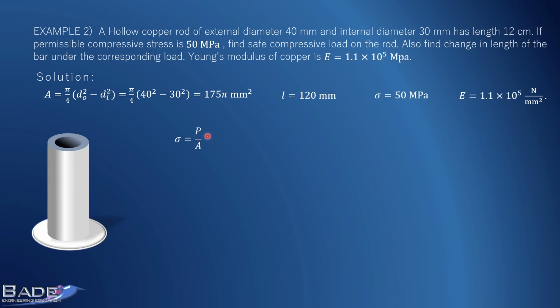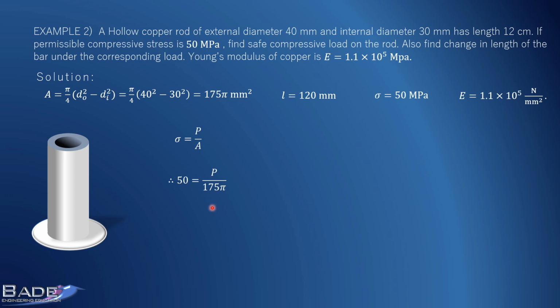How is this problem different from the last problem? In the last problem, load was given, and under the given load, we found stress and elongation of the bar. In this case, safe stress is given, and we are asked to find what is the safe load on this bar, and that is exactly what we are finding. This is safe compressive stress we are going to put, and we'll get safe compressive load on the bar.